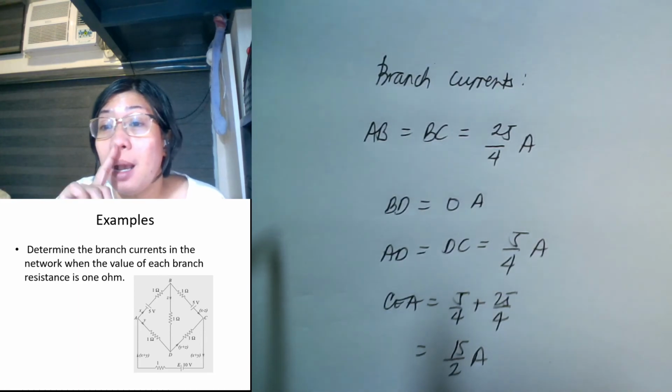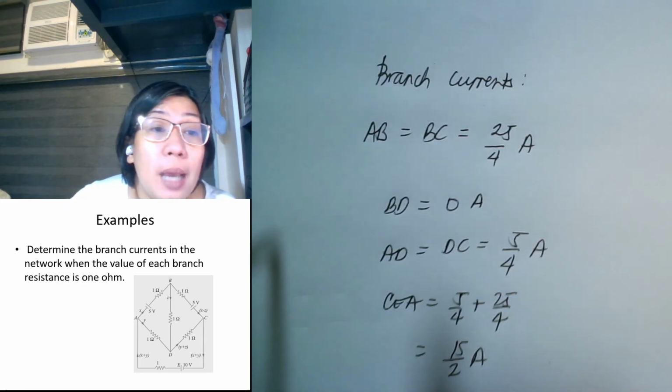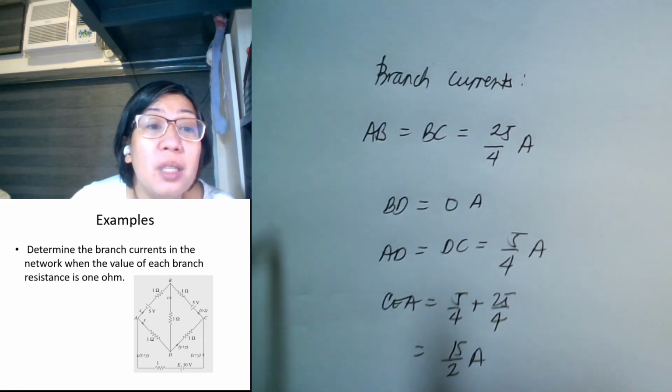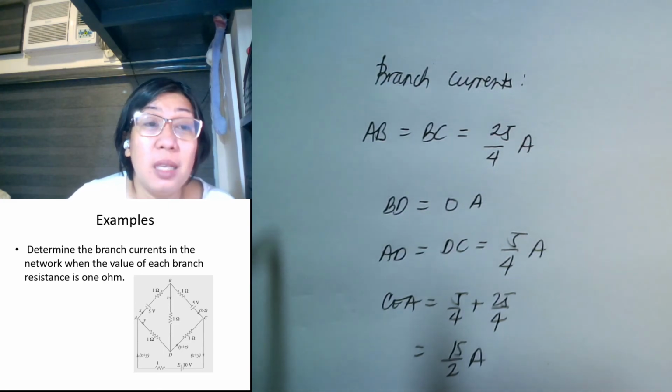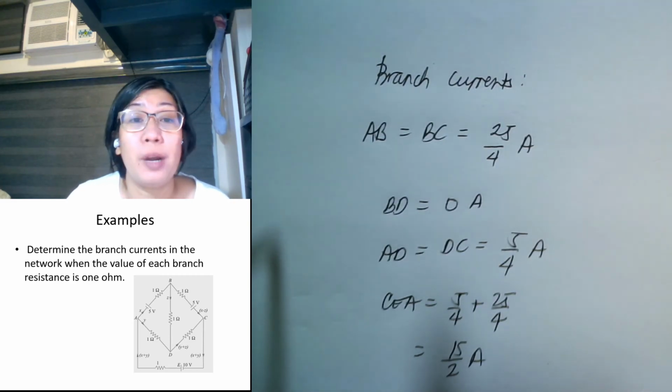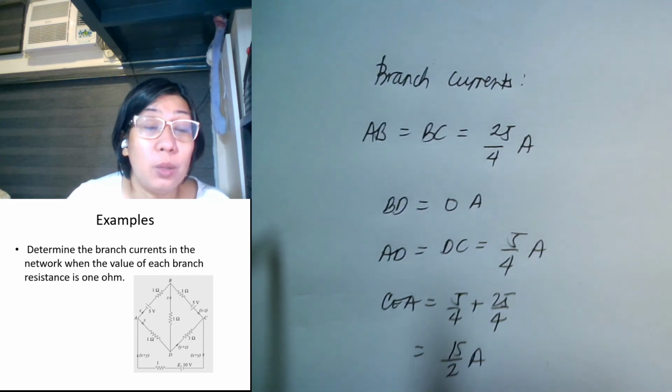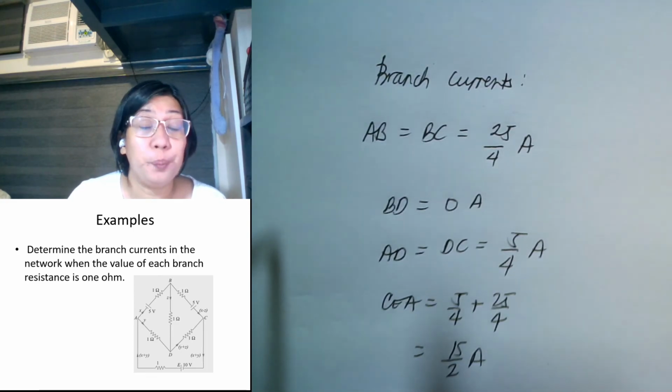Because the current flowing at A and B is just equal to X. Because Z is equal to 0. So, therefore, it is equivalent to X, which is 25 over 4 amperes. Okay? So branch BD is equal to 0. Why? Because the current that flows across branch BD is Z, and we know that Z is equal to 0.